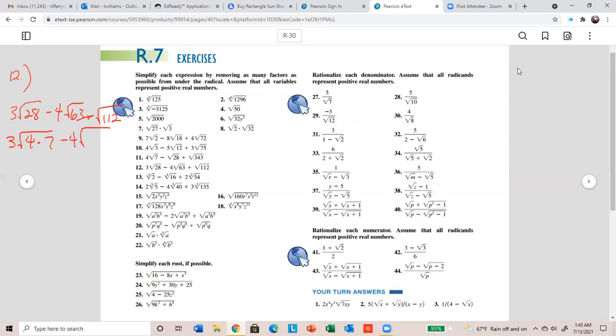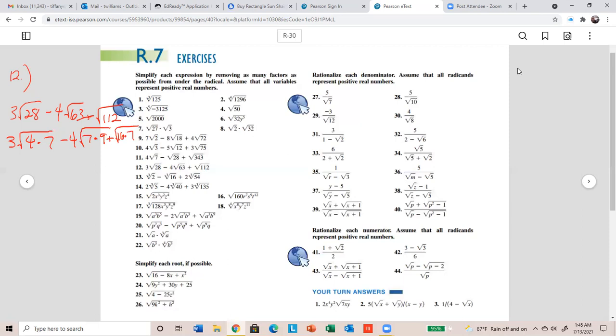How about 7 times 9? And then plus square root of 112. How about, let's do 16 times 7. That'll give us 112, and 16 is a perfect square.